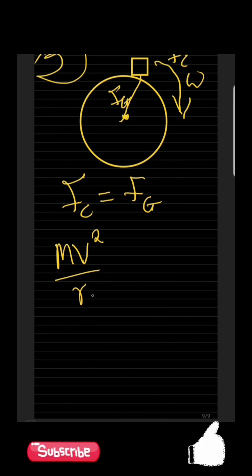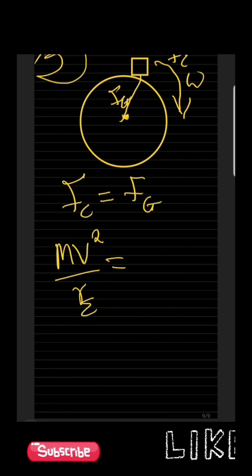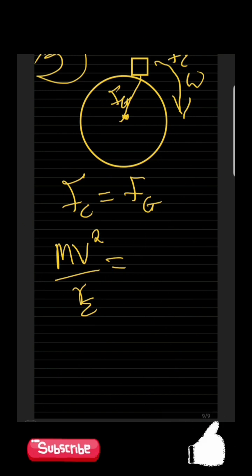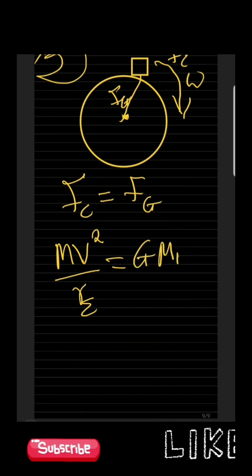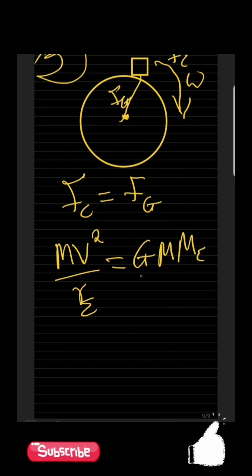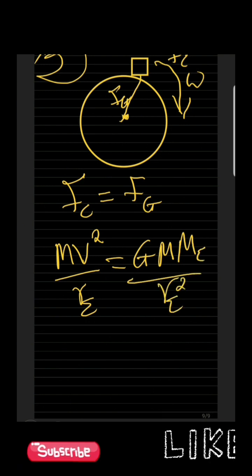Now it is our Earth, so it will be the radius of the Earth, and that has to be equal to the Newton gravitational force, which is G, mass of the object, mass of the Earth, all over the radius of the Earth, all squared.